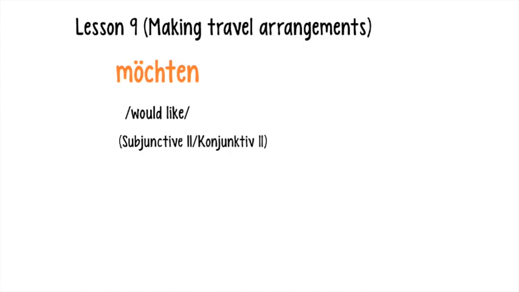Möchten actually comes from the verb mögen, to like, which is a modal verb. For now, it is not important for you to understand everything because in this course, we are not learning about any grammar. It is only important to know that möchten is actually a subjunctive 2, but in German we use it as a present tense.